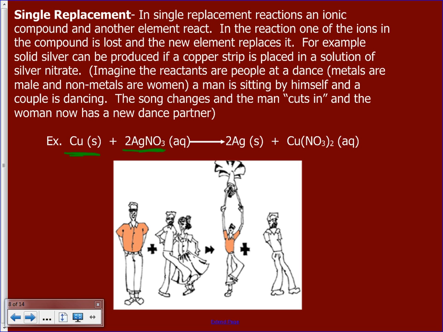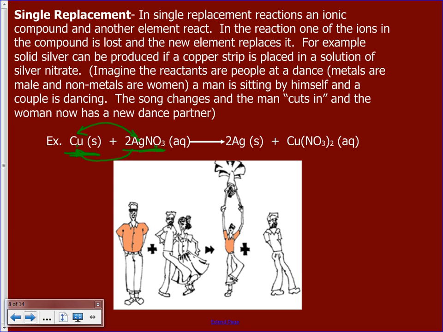The thing that's by itself replaces whatever is like it in the ionic compound. So an ionic compound has a metal, silver, and a non-metal, nitrate. What's copper, metal or a non-metal? It's a metal. So who's it going to replace? Silver. So we always look to replace the things that are alike.